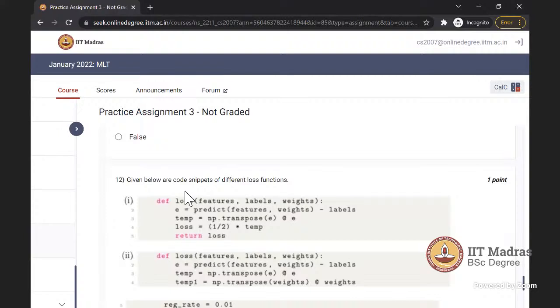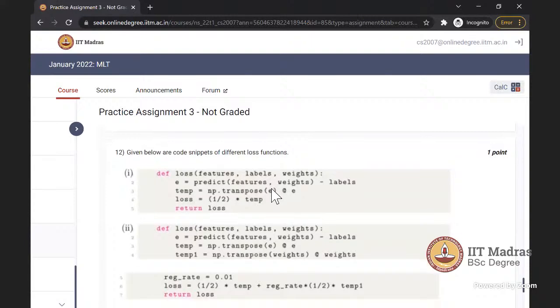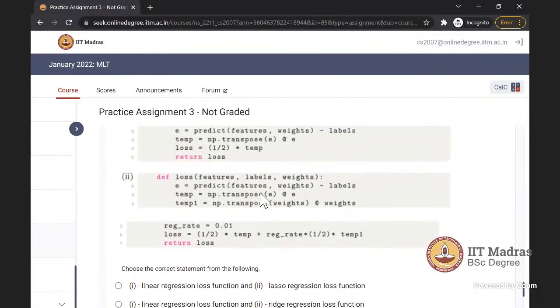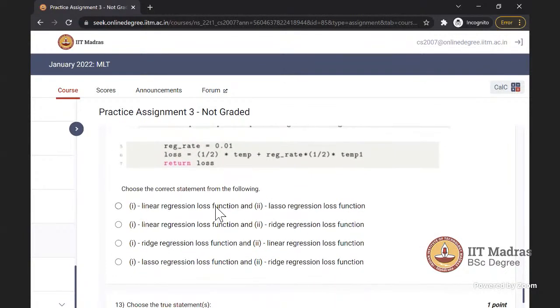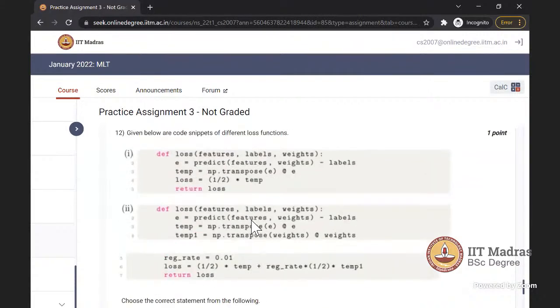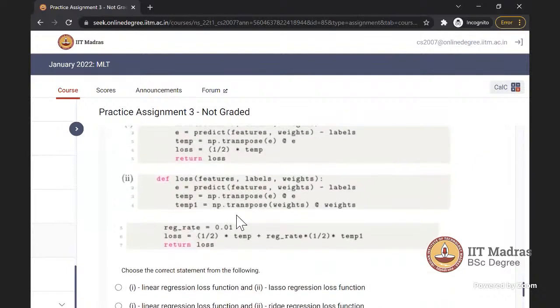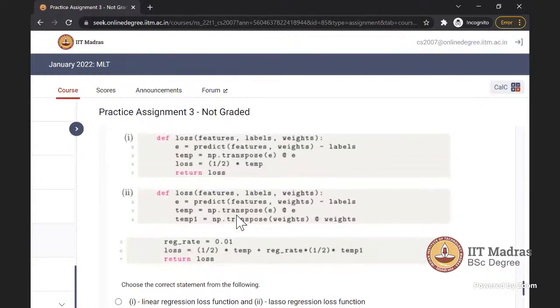Question number 12. Given below are code snippets of different loss functions. Choose the correct statement from the following. Linear regression loss function, lasso regression loss, ridge regression loss. So what we have to do is identify which piece of code is doing what. Which one of them is a plain loss function?